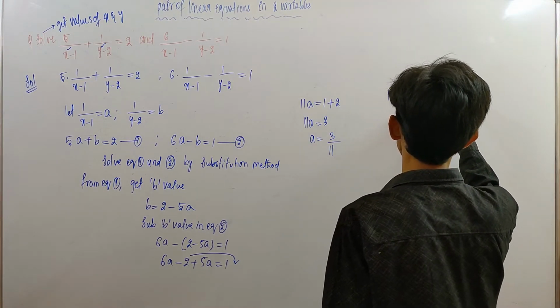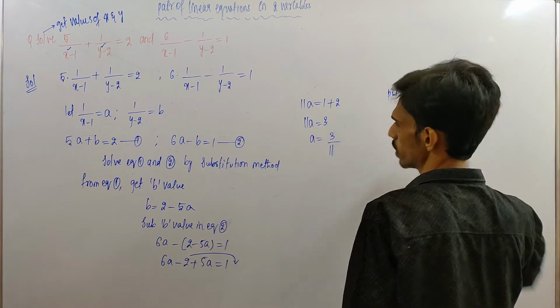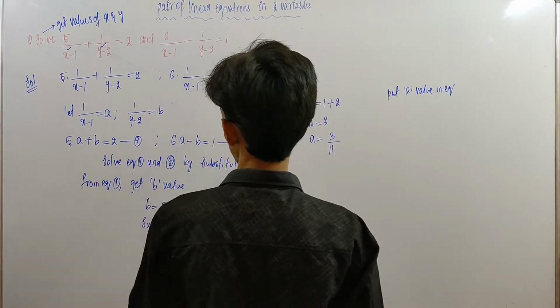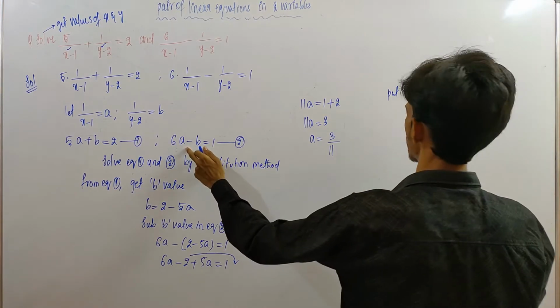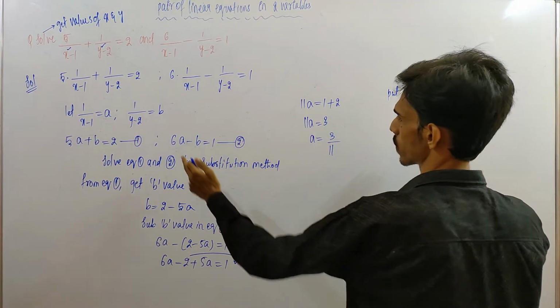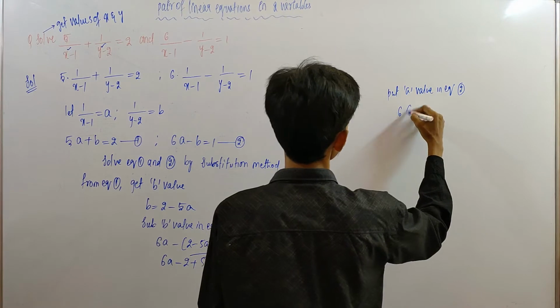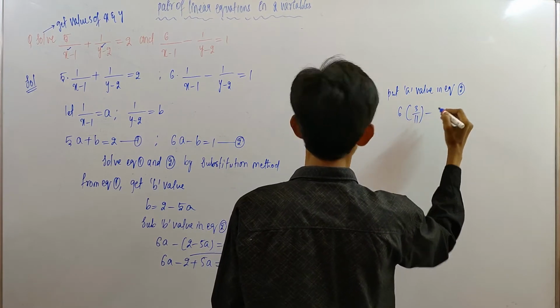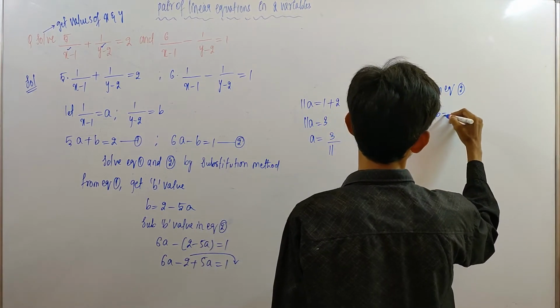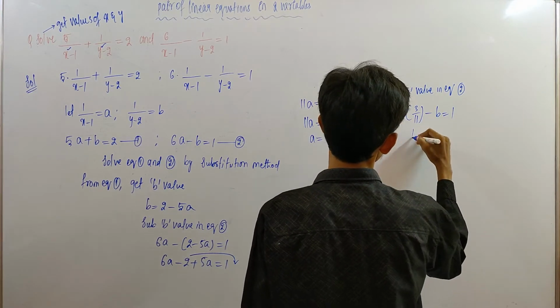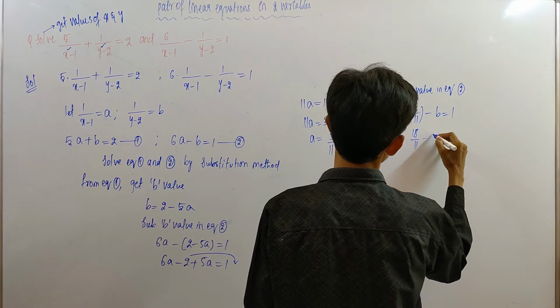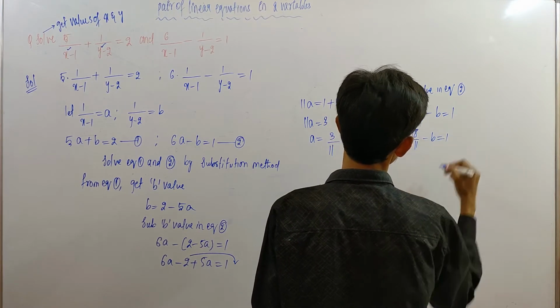Put the a value in equation 1 or 2. Let us take equation 2. We have 6a, where the a value is 3 by 11, minus b is equal to 1. Now multiply 6 into 3, we have 18 by 11 minus b equal to 1.